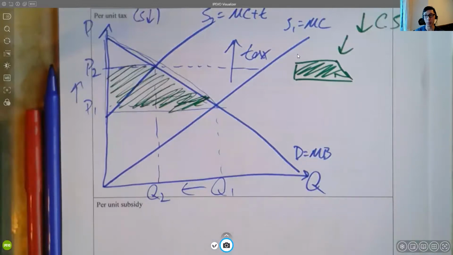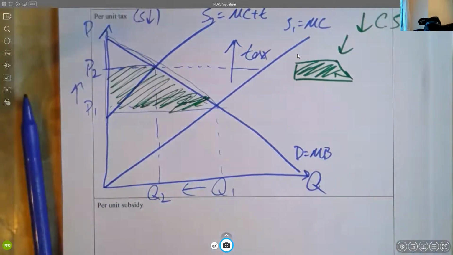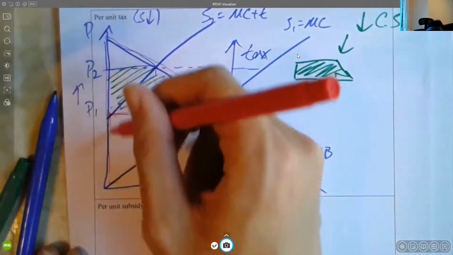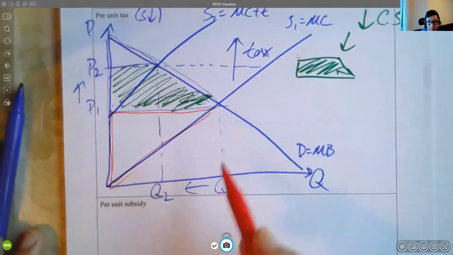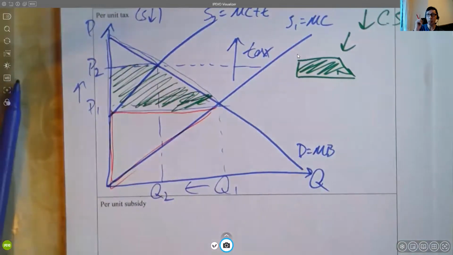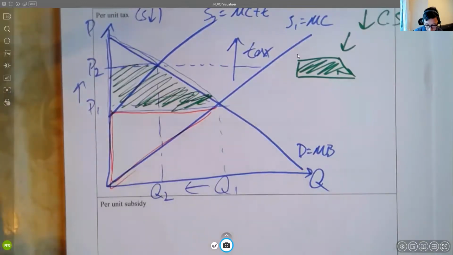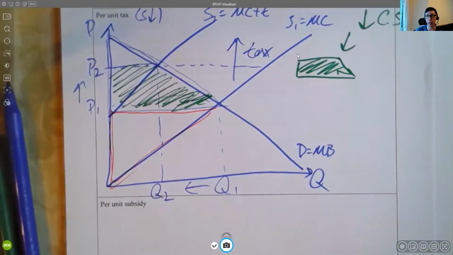Now, the difficult one for both per unit tax and per unit subsidy is actually the producer surplus. It's hard to see, okay? Now, let's see the original one. I'll mark it first. The original producer surplus, of course, is right here, the distance between MC and price. Now, what about the new producer surplus? So let's see what's going on here.